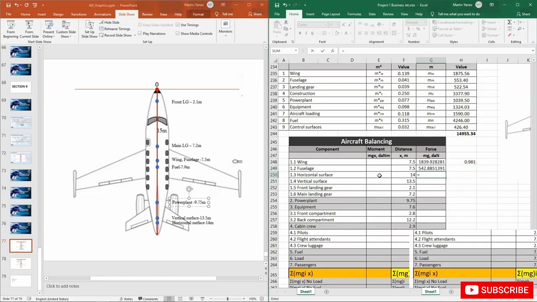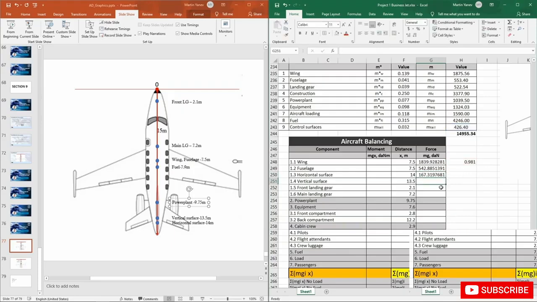Next, the horizontal surface. So let me find it. So we have the control surfaces. The horizontal surface will be equal to the total control surfaces multiplied by this coefficient here, multiplied by 0.4, because usually the horizontal surface gets 40% of the weight of the tail, while the vertical surface is heavier and it takes 60%.